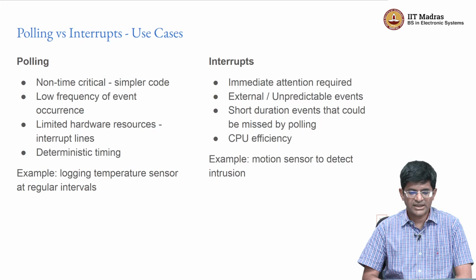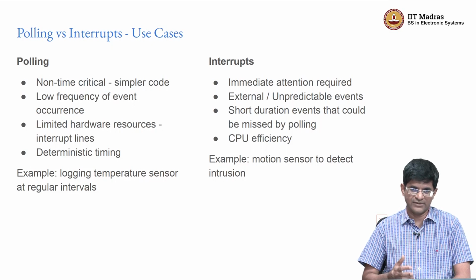And more than that, let's say that you have a limitation on the number of hardware resources. Maybe you have only 1 or 2 interrupt lines and they are already connected to some other important event handlers, right? So all of these are good candidates for using polling. The other related thing, of course, is that your timing is fairly deterministic in the case of polling.